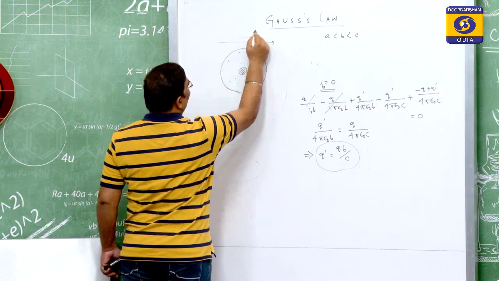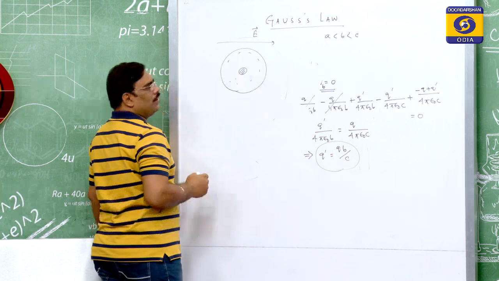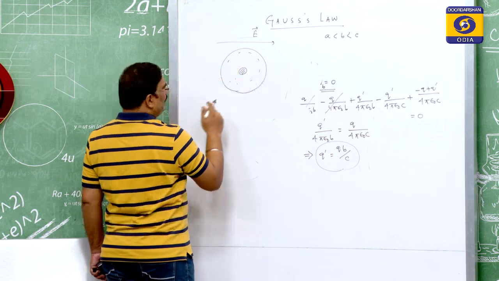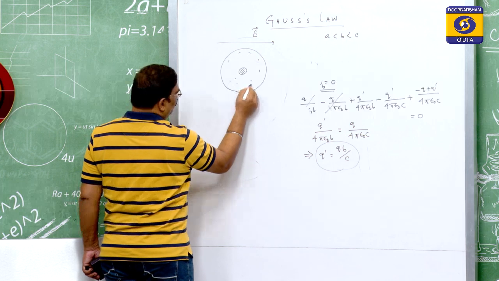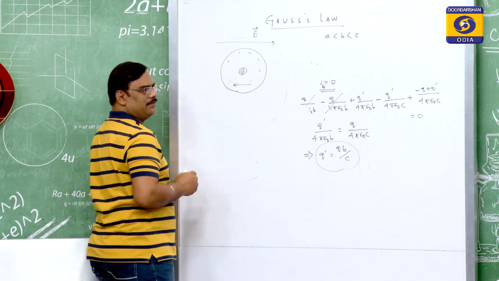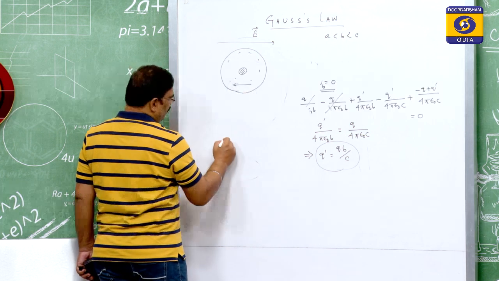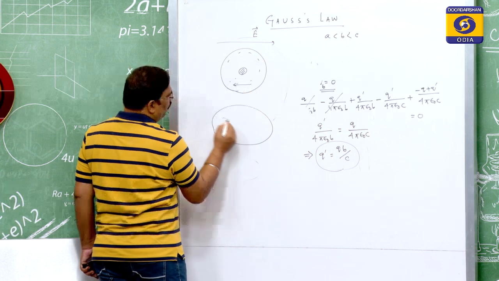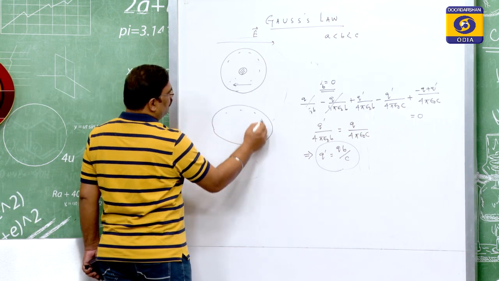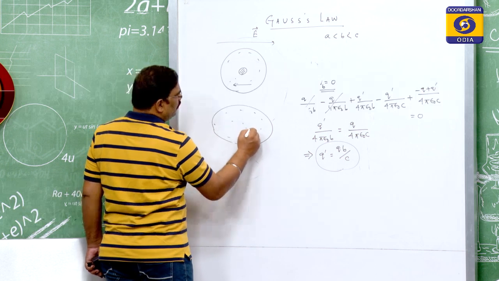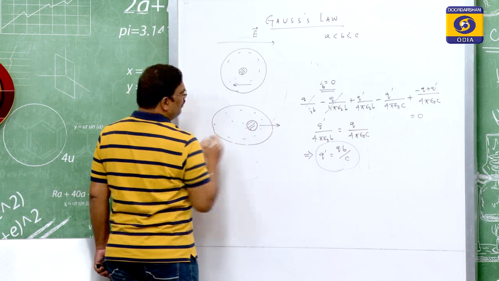If an electric field is applied, the electron cloud is shifted opposite to the electric field, producing a distorted shape of electron cloud with the nucleus shifting towards the electric field.